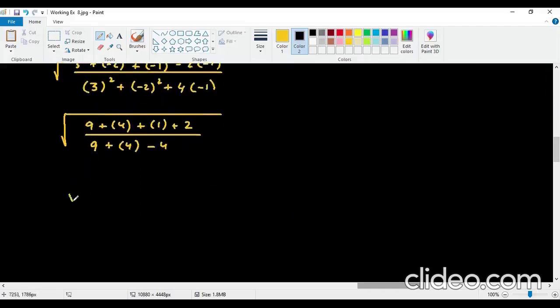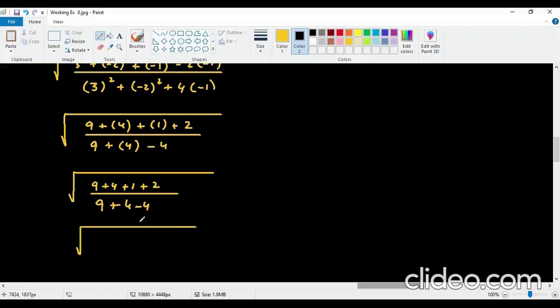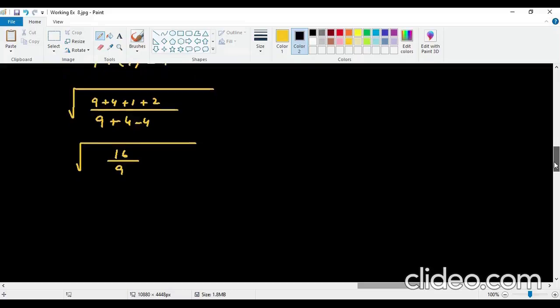Simplifying further, this is going to give you 9 plus 4 plus 1 plus 2, and as a denominator it's going to give you 9 plus 4 minus 4. So plus 4 and minus 4 is going to be cancelled, and 9 plus 1 is 10, 14, 16. 16 divided by 9.